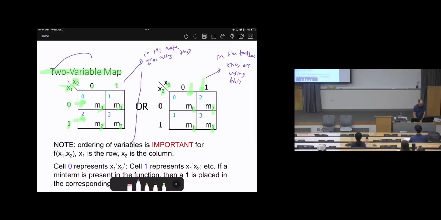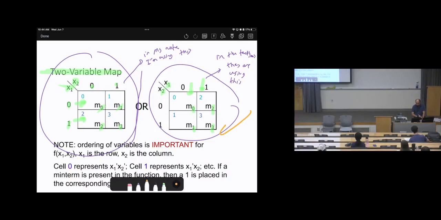But I realized after I prepared the notes that this is different from what we see in the textbook. I don't want you to get confused, so I'll try my best to use the one in the textbook. So you will see some corrections when I deal with K-maps, because I want you to use only one system, which is the one in the textbook.